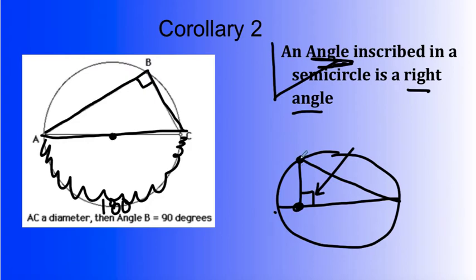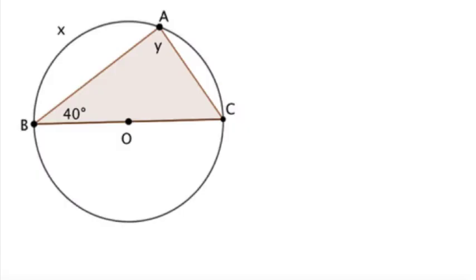So when we're creating it, we have to be really careful to ensure that the endpoints of the angle, or the hypotenuse of that right triangle I'm creating, is the diameter. All right, so here's an example. I look at this, I see the diameter, so that tells me that this is 180 degrees.